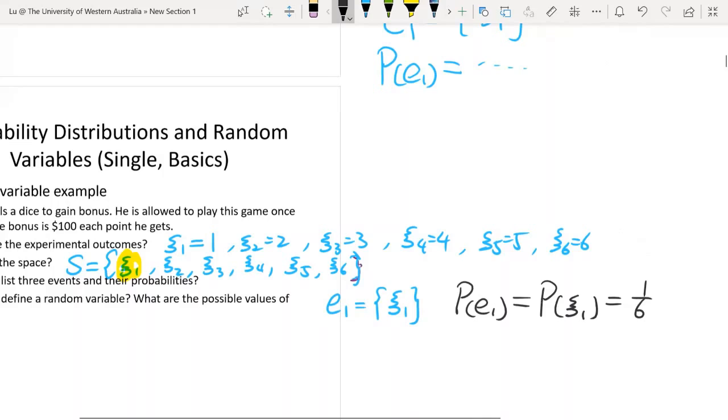Okay. Another example, E2 equals, this time, let's assume there are two outcomes contained in this event.